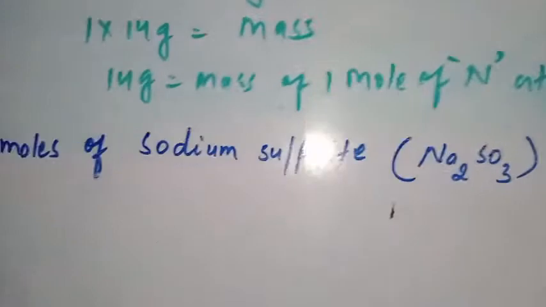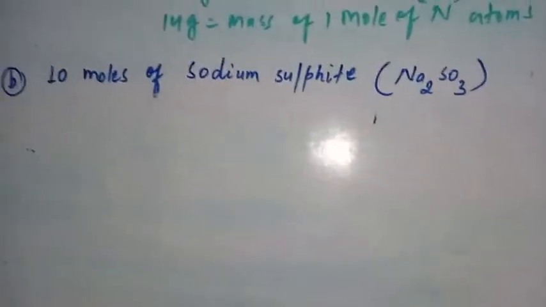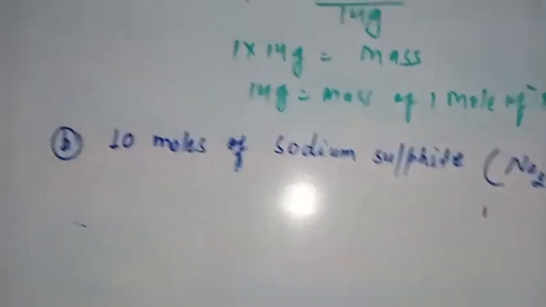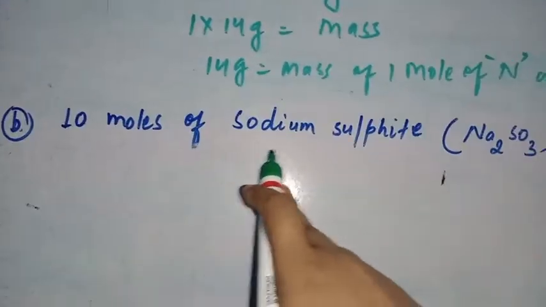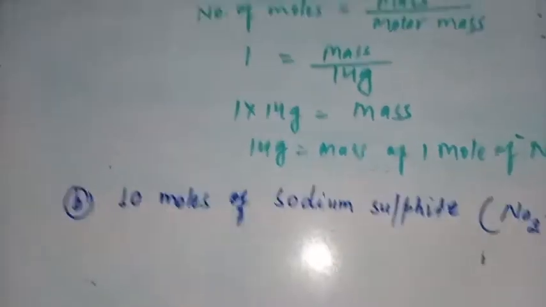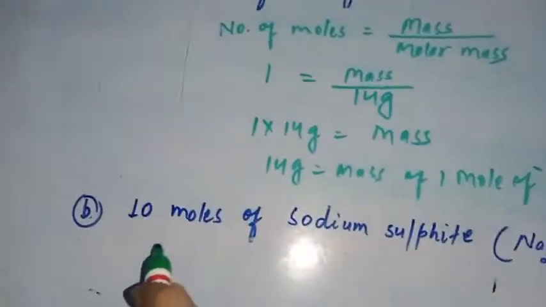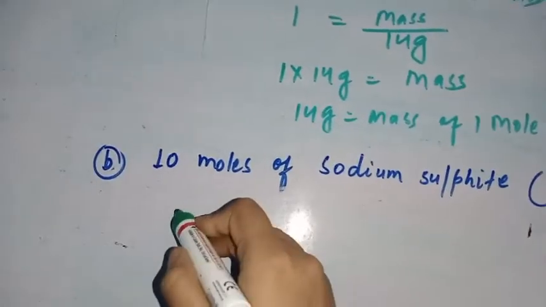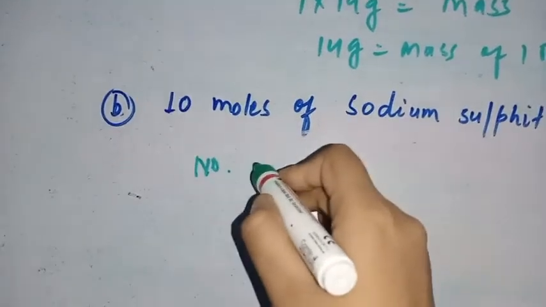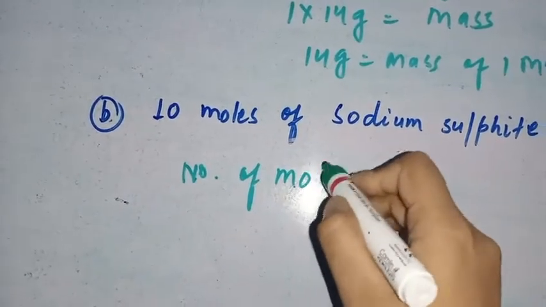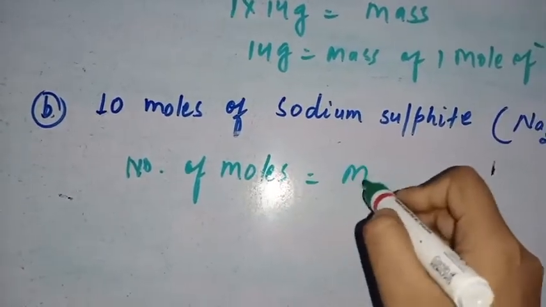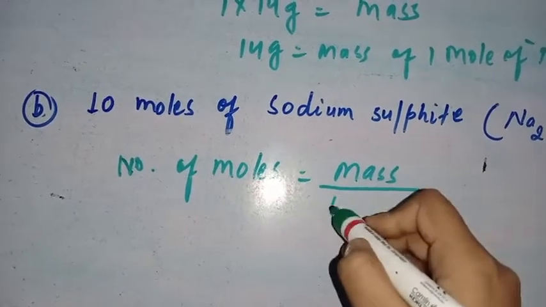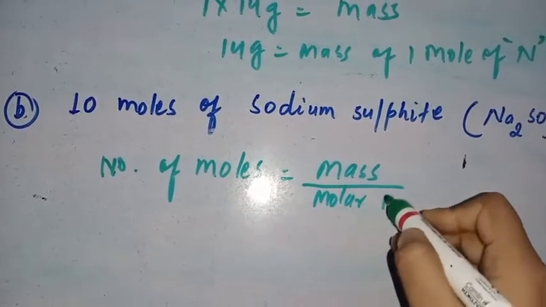Okay, now the next question is 10 moles of sodium sulfite. We have to calculate the mass of 10 moles of sodium sulfite. What is the mass of 10 moles of sodium sulfite? So we will use the same equation, number of moles is equal to mass divided by molar mass.